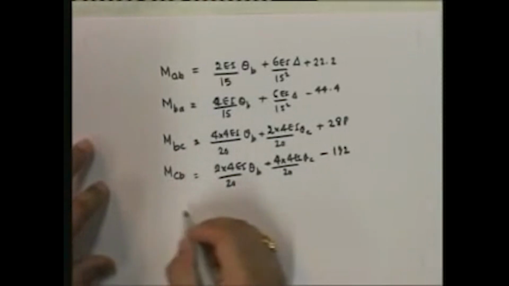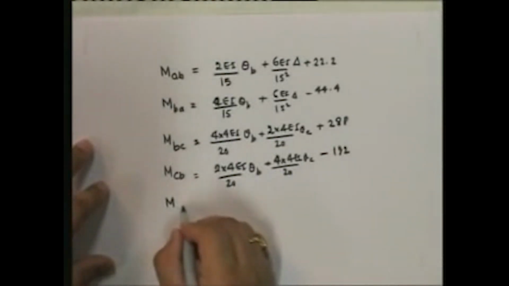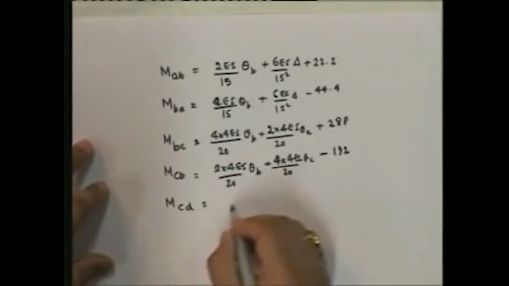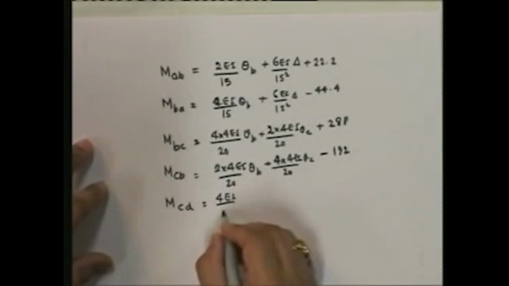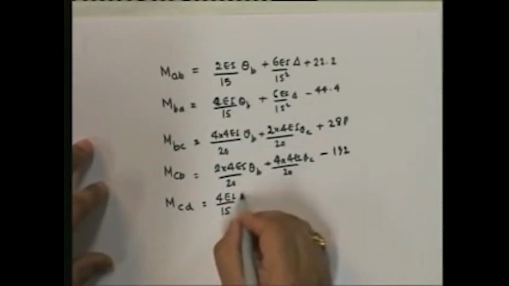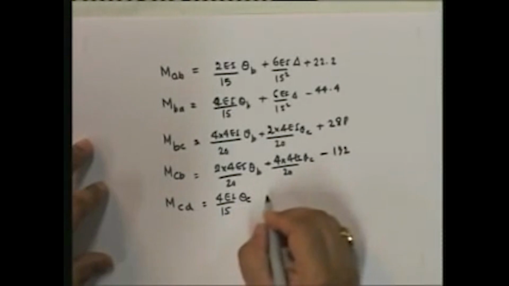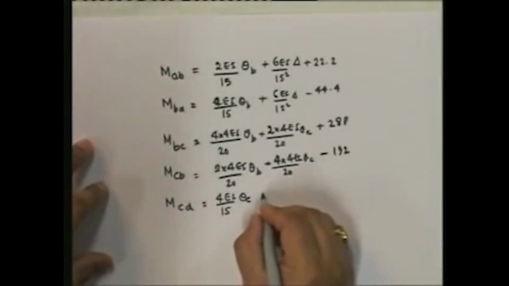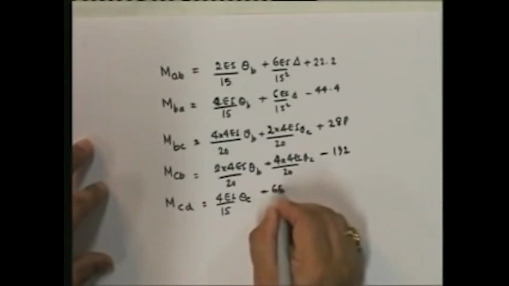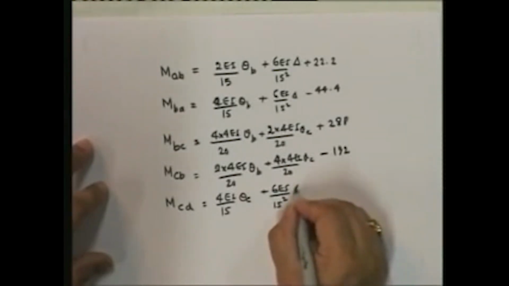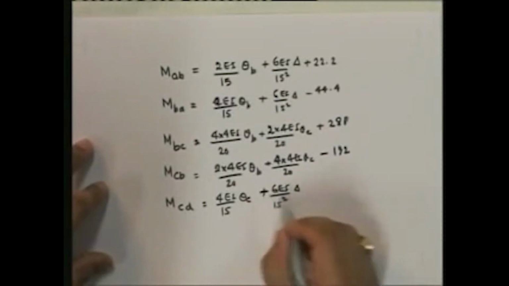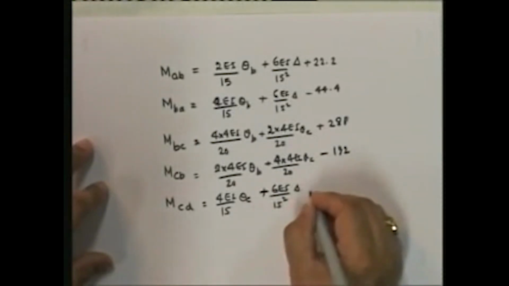Okay, and then finally MCD is equal to 4, now again EI only, upon 15 theta C plus 6 EI upon 15 squared into delta. Note that it's minus again, so it's minus minus plus, and that's it.